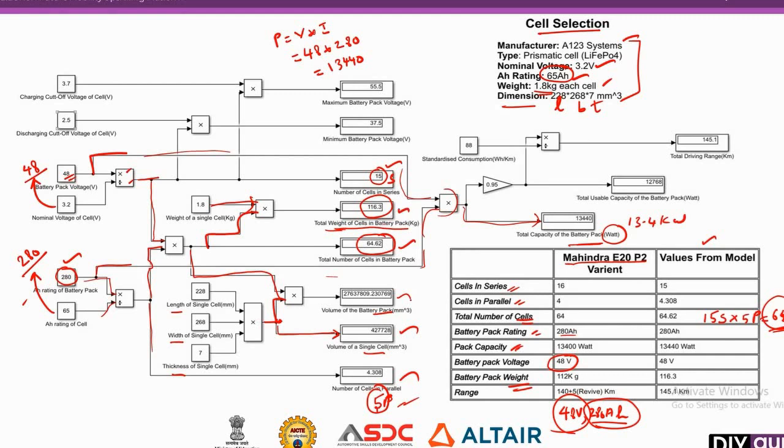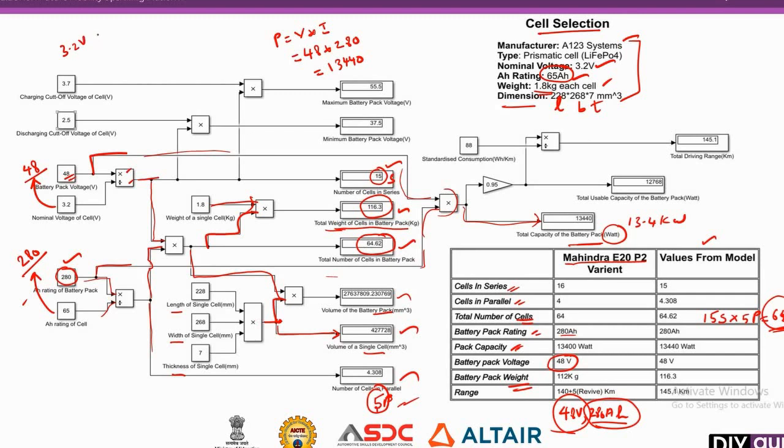Okay, we have calculated the volume of the battery pack, and we have calculated the voltage. Next we will calculate the maximum battery pack voltage and minimum battery pack voltage. So you require the cutoff voltage: the maximum charging voltage and the minimum discharge voltage. For a single cell, the operating voltage is 3.2 volt.